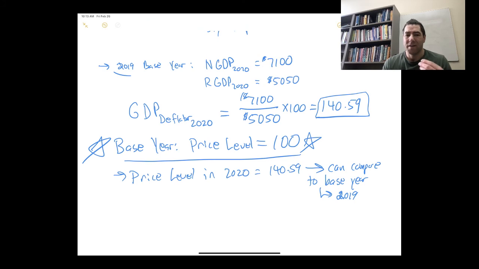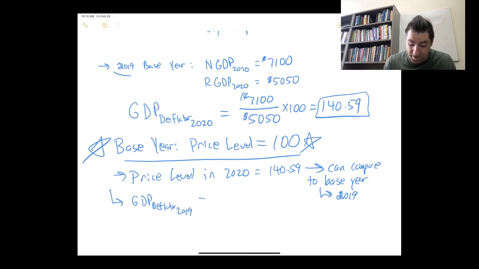So calculating the GDP deflator is relatively straightforward. I just have to divide two numbers and multiply by 100. What we want to focus on is what this is telling me: how much the average price of goods and services has increased or decreased in my economy over a period of time. You can check this price level equal to 100.